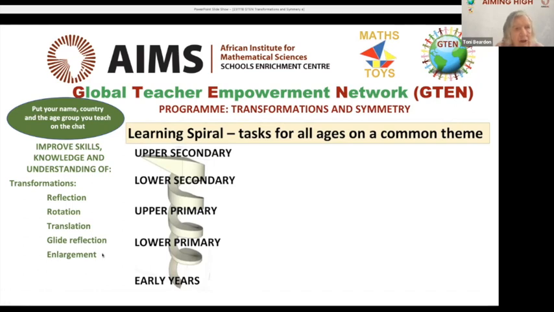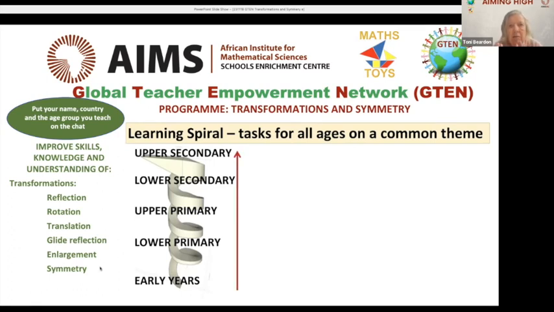So today we won't be dwelling on enlargement. We'll make that the subject of another workshop. And symmetry is a study of the transformations, really. That's what it is.